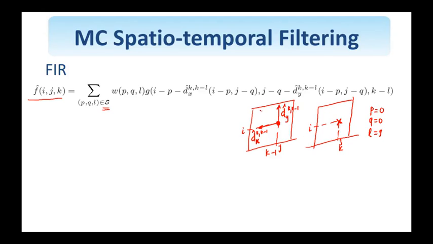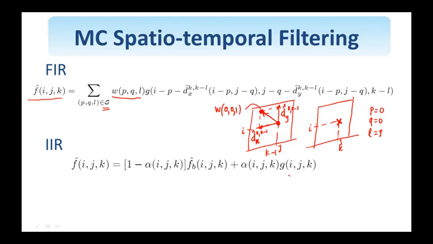So the two of them will give us the compensated location of this pixel. So it is this pixel that will be multiplied by the weight 001 according to this, and will contribute towards the estimation of the pixel ij at the current frame.